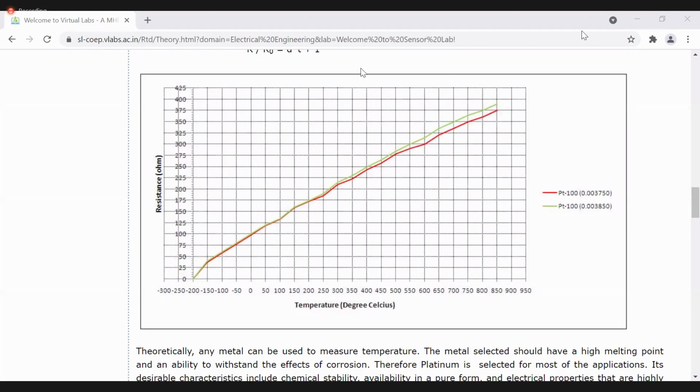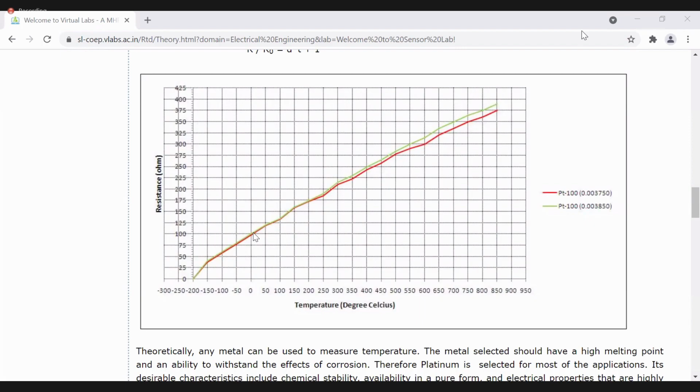Okay, students. So this is the first lab session. Next week we will execute the virtual lab. Sorry to interrupt you, can you once repeat why PT is 100? Here, PT means platinum. 100 means at 0 degrees Celsius, its resistance is 100 ohms.